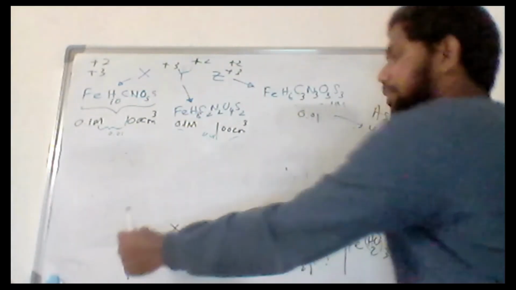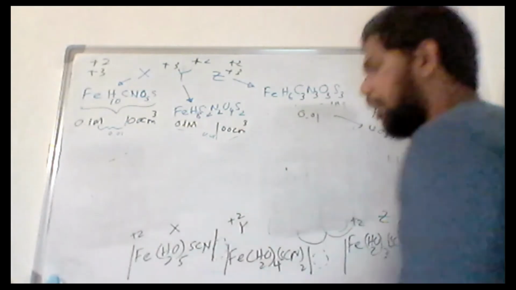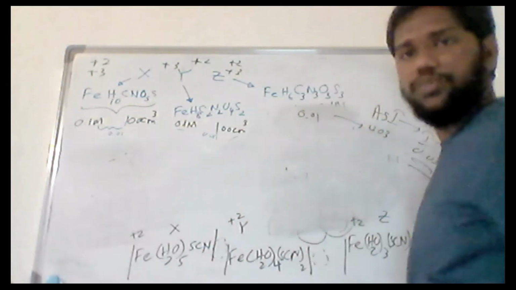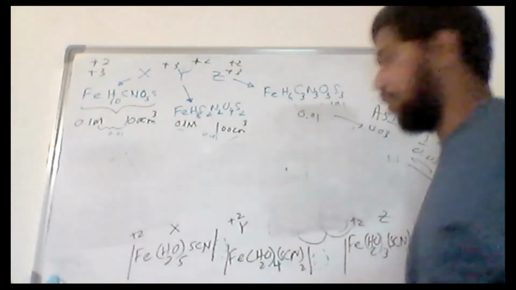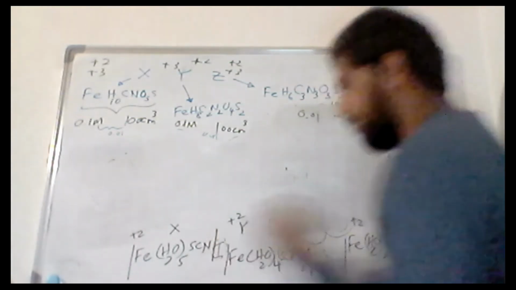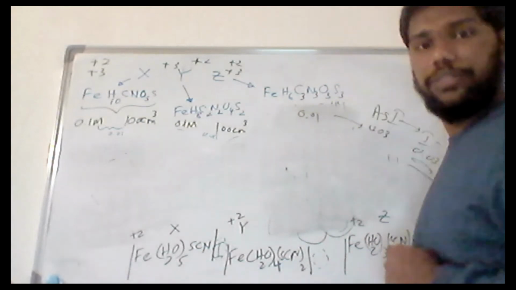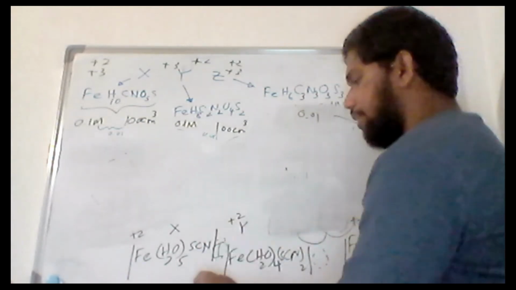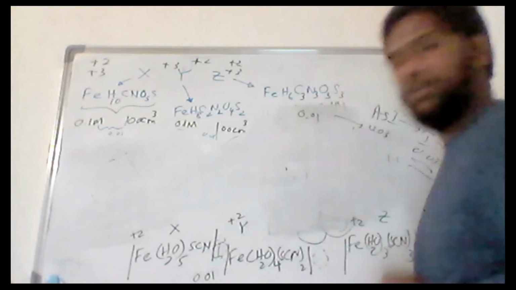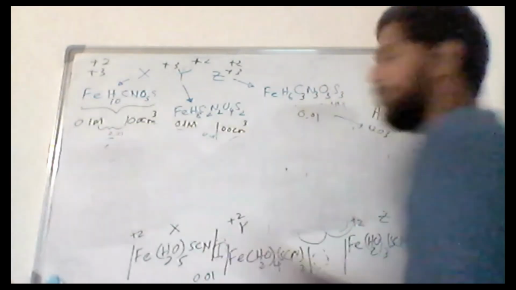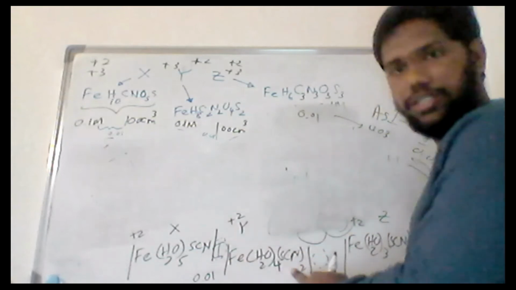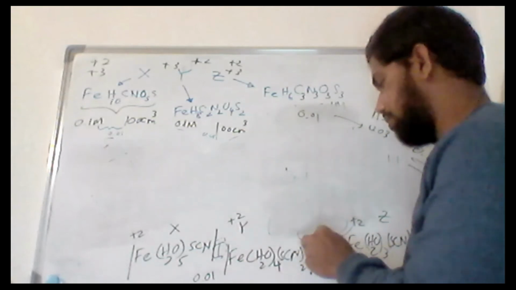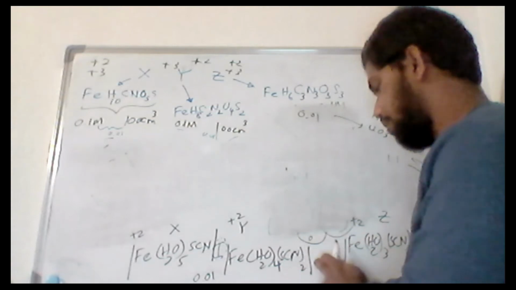So if this is plus 2, SCN is minus 1. So plus 2 minus 1 is plus 1. So there should be one iodine here to form the silver precipitate. So the amount of iodine that is given from this is 0.1 mole because stoichiometry is same. And if this is plus 2, this is minus 2. So the overall charge is 0. So there is no iodine from this one.